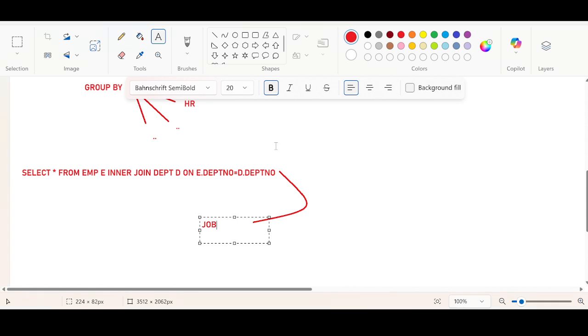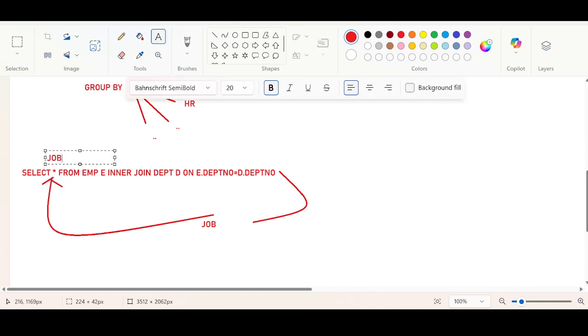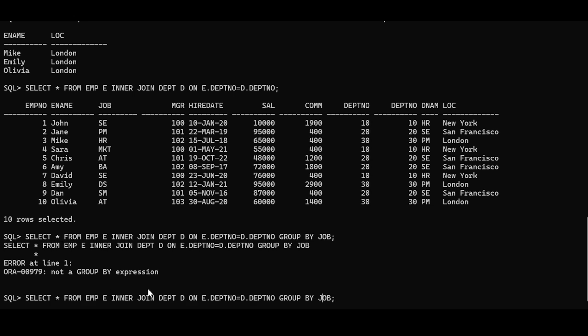There is a mismatch here. You are taking job here, but you are using star here. Both should match. If you are taking job, you should select the job column. Let us go according to the suggestion given by this SQL command.